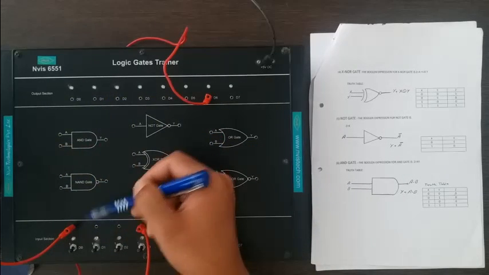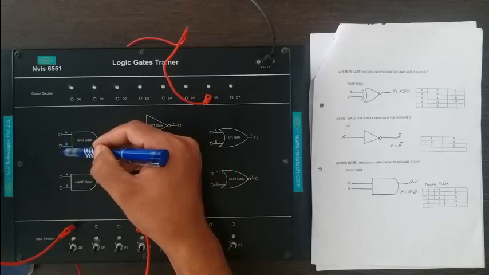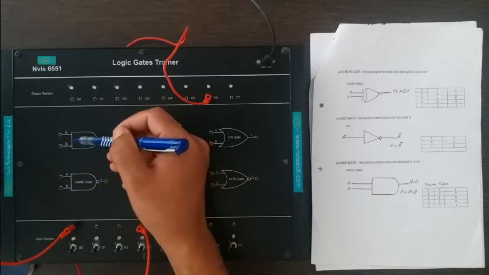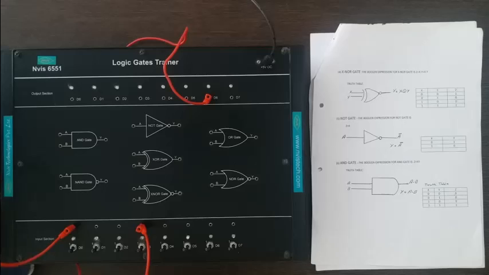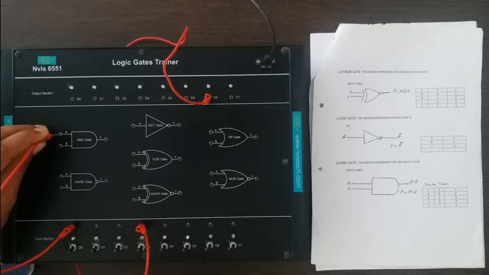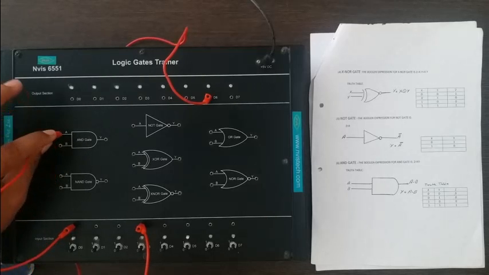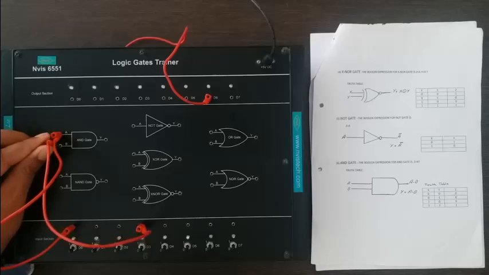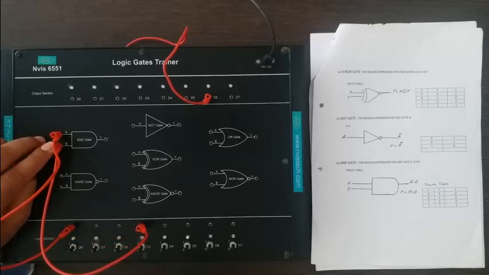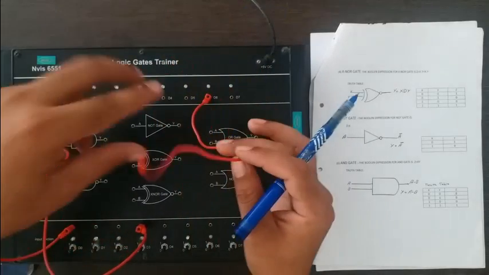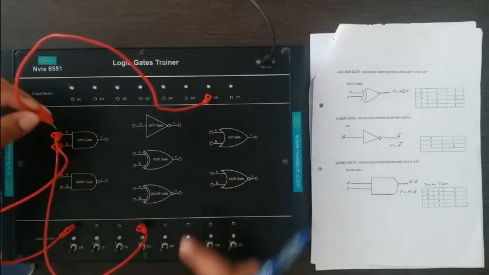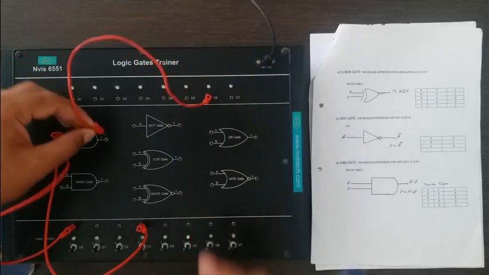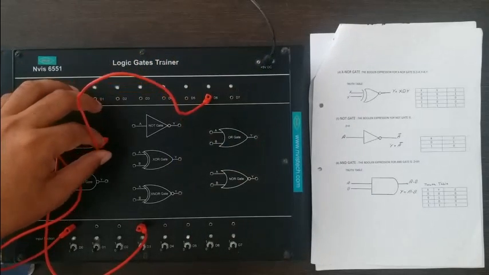From the input section, we will apply the input on the input terminal of the gate. This is your first input A, this is your second input B, and connect the output terminal to the output section. For inputs you will connect patch cords here, for output you will connect patch cords to the output section.